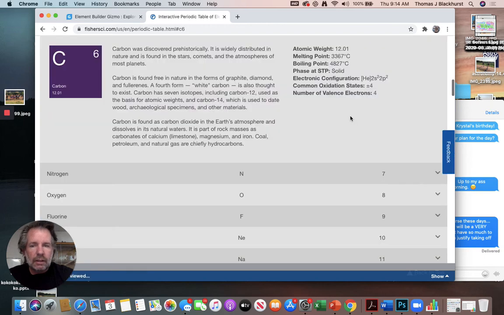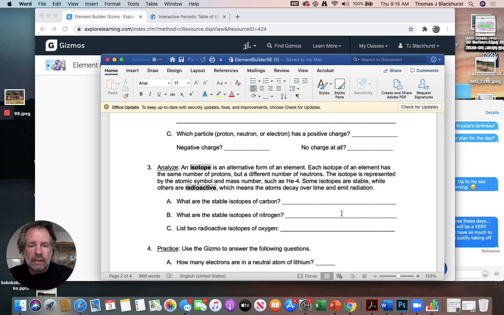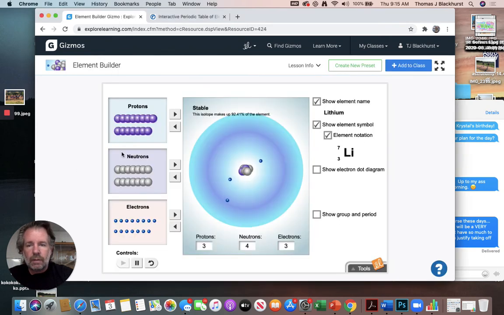Carbon is going to have an atomic number of 6, and its average atomic mass is going to be 12.01. So I can just round that off to 12. And honestly, that's pretty much going to be the answer there.